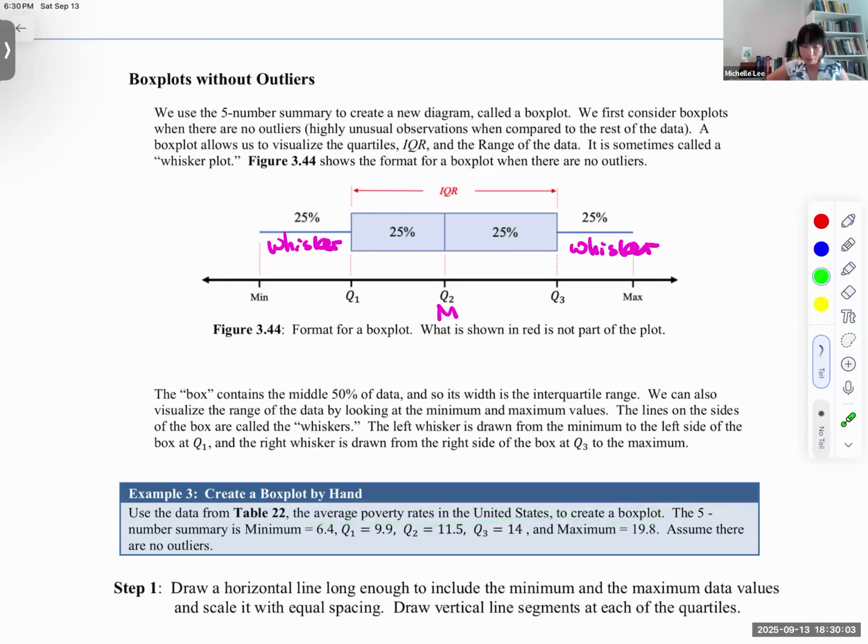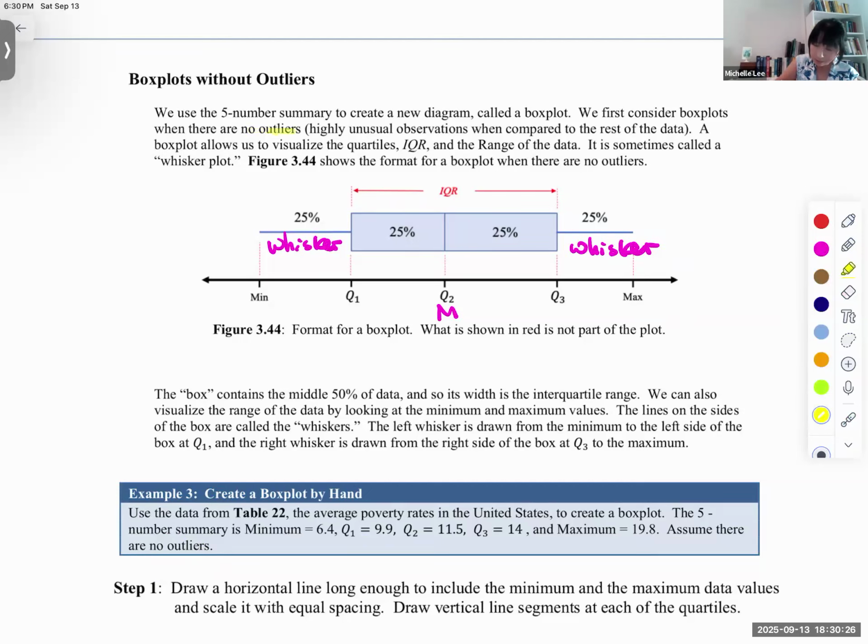The 5-number summary: minimum 6.4, Q1 9.9, Q2 11.5, Q sub 3 14, maximum 19.8. And then there is no outlier. Outlier means a highly unusual observation compared with the other data set.